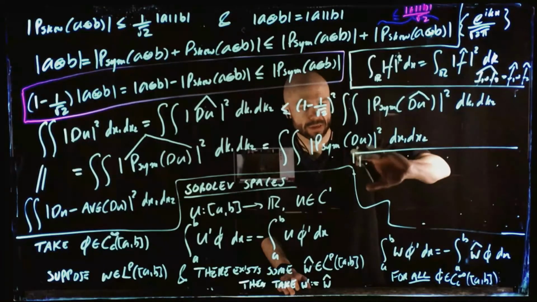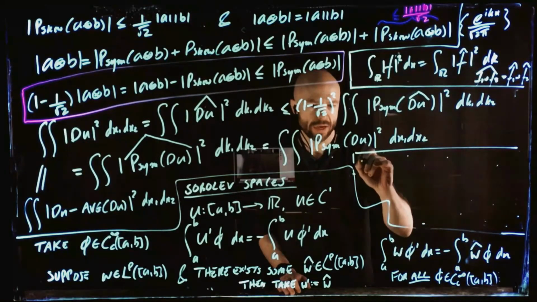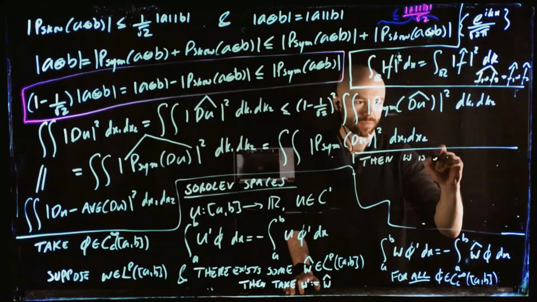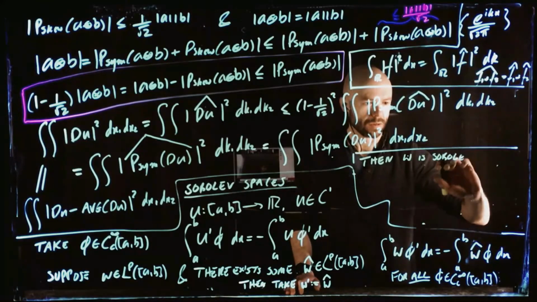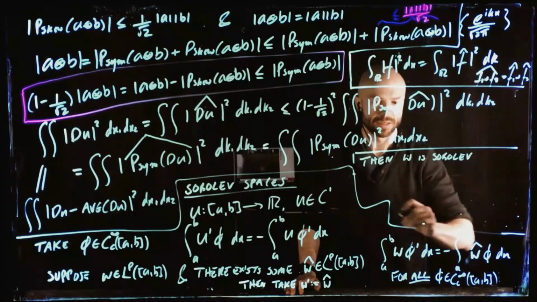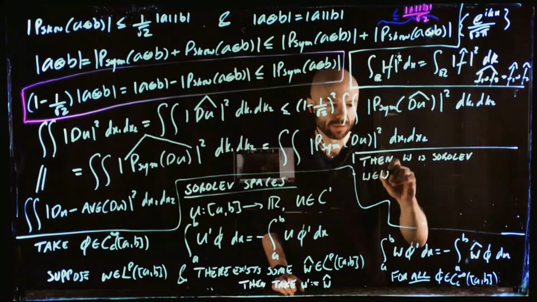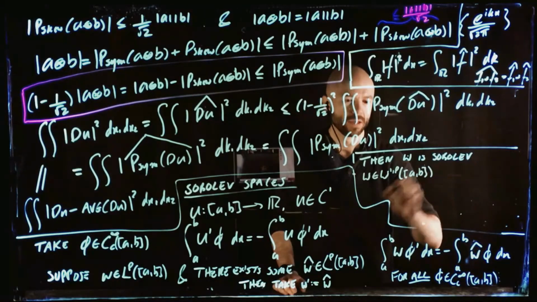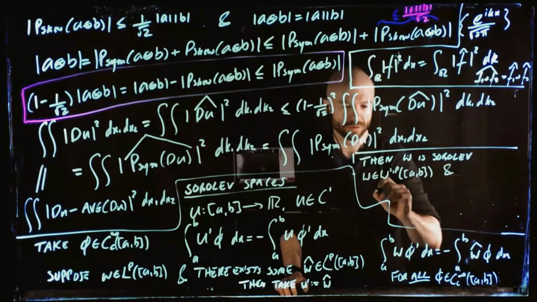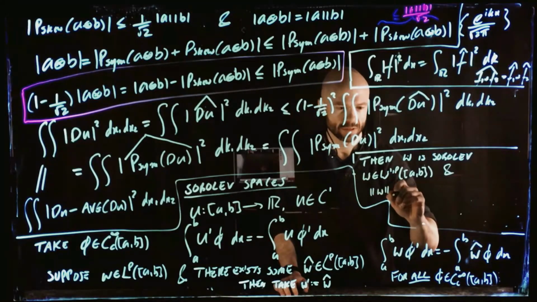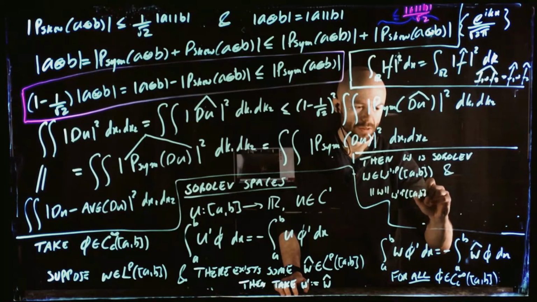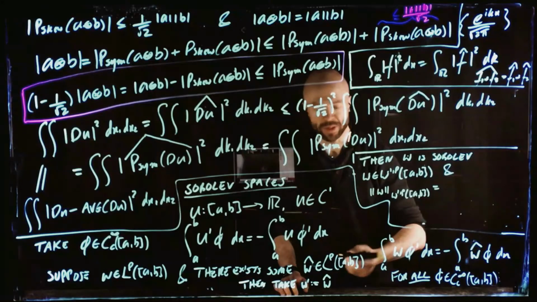So first we say that we define: then W is a Sobolev function. In this case we say W belongs to W^{1,p} of the interval (a, b). And the norm of this thing is just the L^p norm of the function and the L^p norm of the gradient.